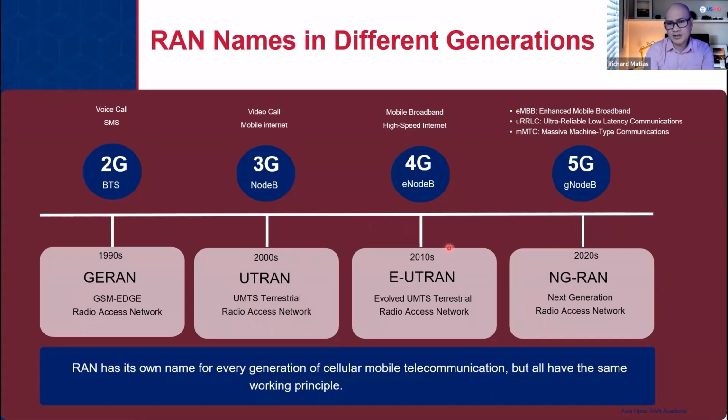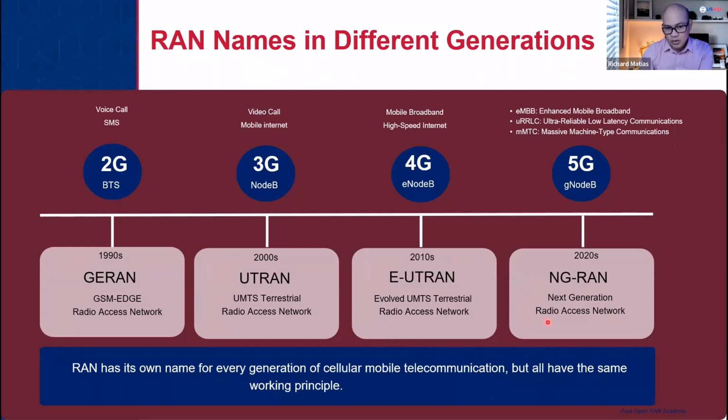For 4G RAN, we call it the E-Node B. It is also called EUTRAN, or Evolved UMTS Terrestrial Radio Access Network. Okay, for 5G, we call it NG-RAN, or the Next Generation Radio Access Network.